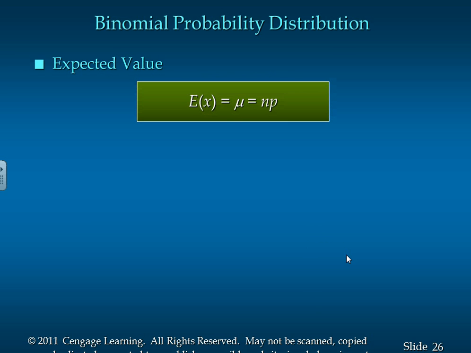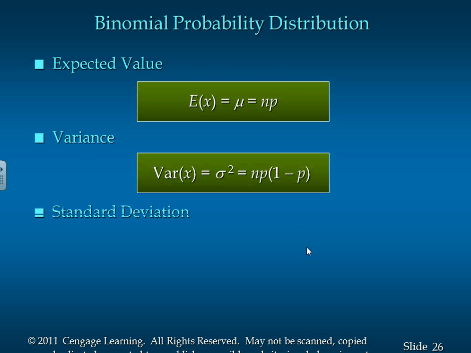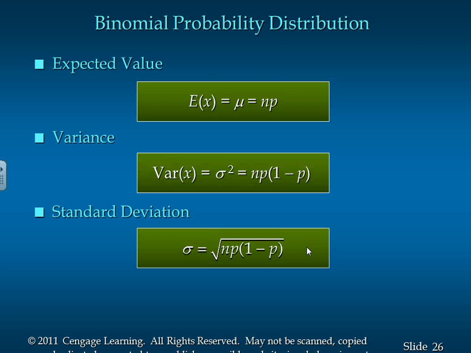Okay, so we have a binomial probability, expected number, n times the probability. Variance, n times the probability times 1 minus p, and the standard deviation, square root of the variance.